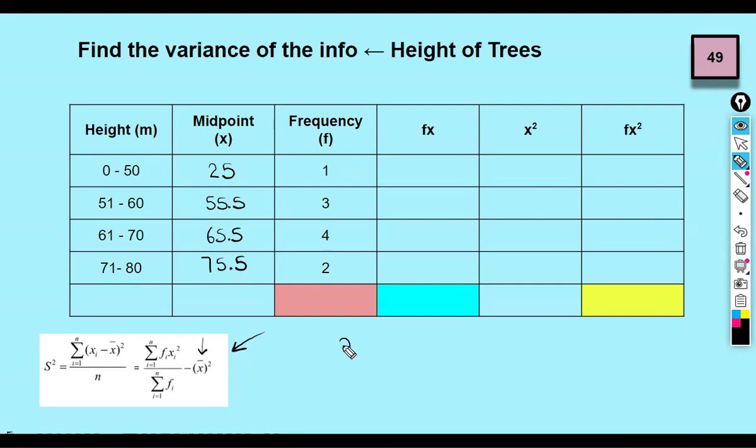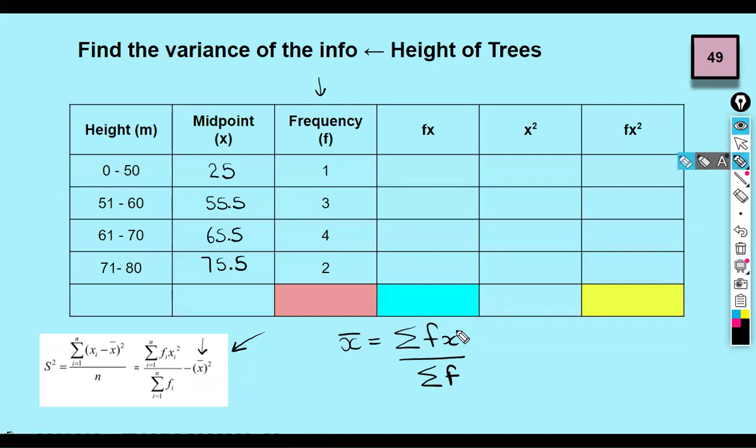Remember, to find the mean is sigma fx divided by sigma f, that's the x with a little dash on top of it. You have to use the second formula because there's a frequency involved. If there was no frequency involved, you would use the first formula to find the variance. I hope everyone is on the correct track so far.